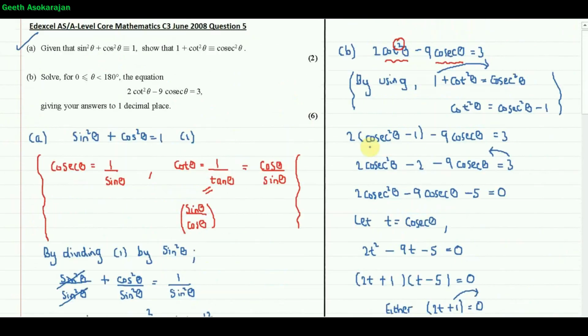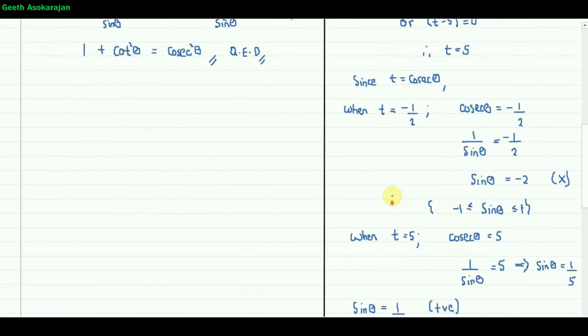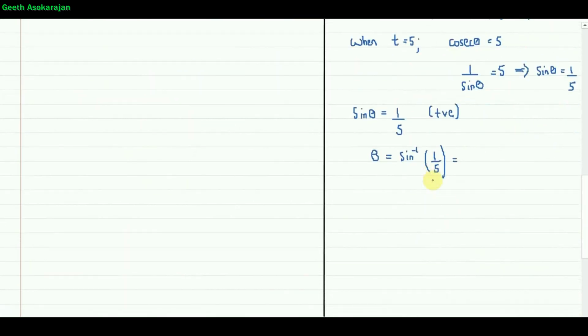And we need our angles in degrees to 1 decimal place. So let me work this out in degrees. If I take my calculator, inverse sine 1 over 5, I get 11.54.